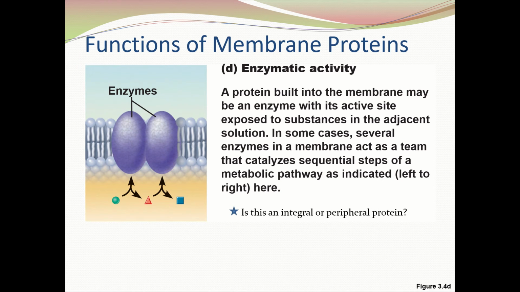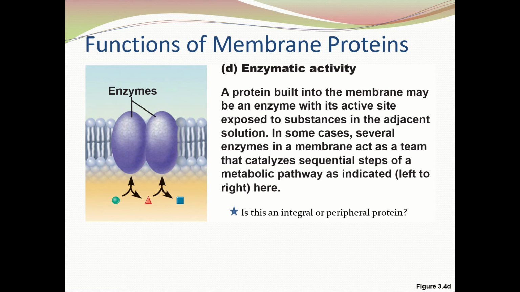And enzymes. I mentioned earlier that some peripheral proteins will act as enzymes. Here it looks like an integral protein is acting as an enzyme. An enzyme is going to be able to catalyze a step of a chemical reaction.